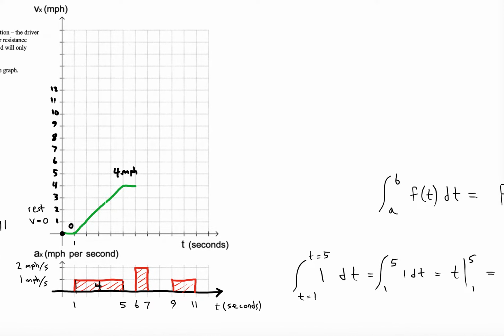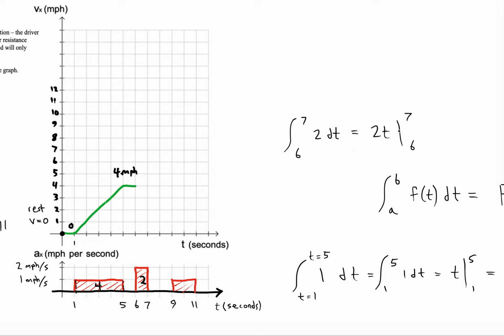Alright, but then what happens? Now we got to integrate this thing. I can see that it's going to be an area of 2, but let's just make sure the calc agrees with that, right? So integrate from 6 to 7 of 2 dt. All right, that's going to be 2t as an antiderivative.